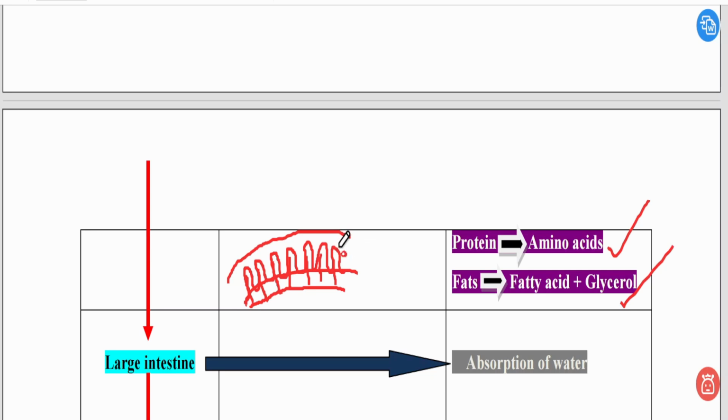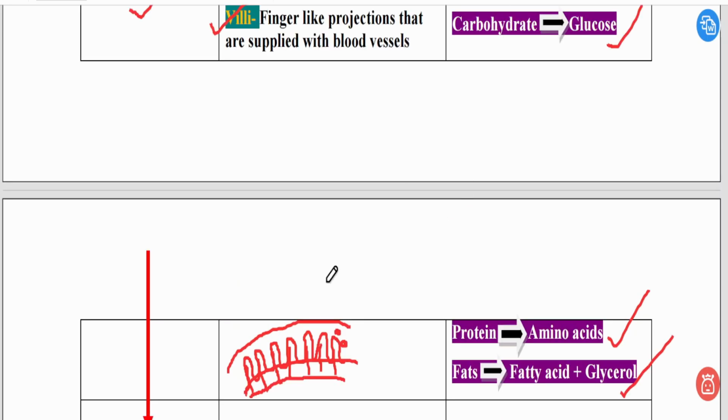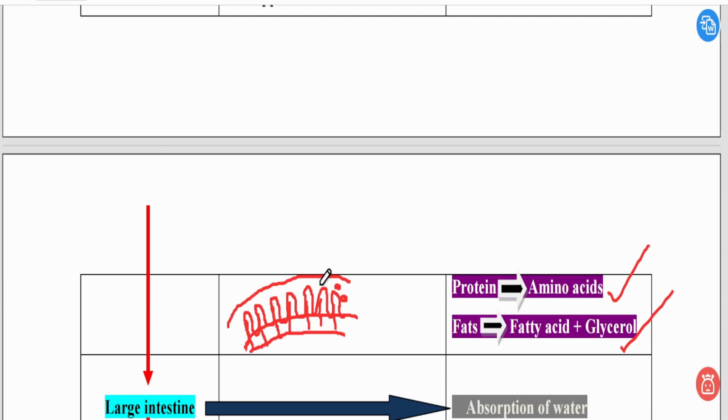Now when the food particles are broken down, the final digestion takes place. So carbohydrate into what? Carbohydrate into glucose, then protein into amino acid, and fats into fatty acid and glycerol. These food particles are stored here.